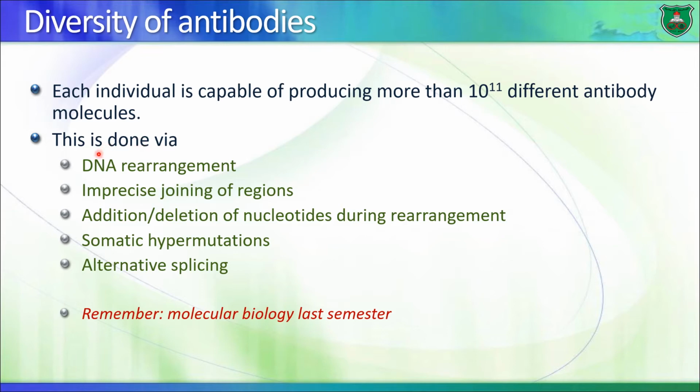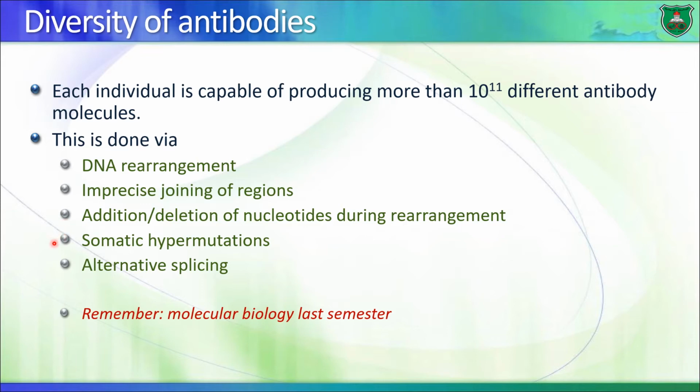And this is done by DNA rearrangement of the exons of the joining region and the variable region, and there are different exons for the variable region. There is imprecise joining of regions during the DNA rearrangement, and you have addition and deletion of nucleotides during this rearrangement.